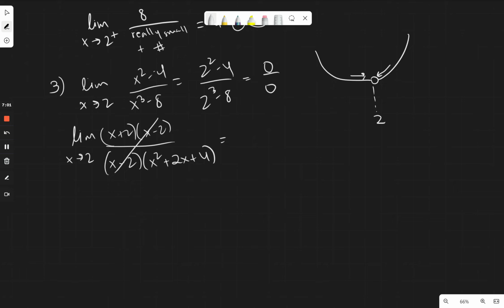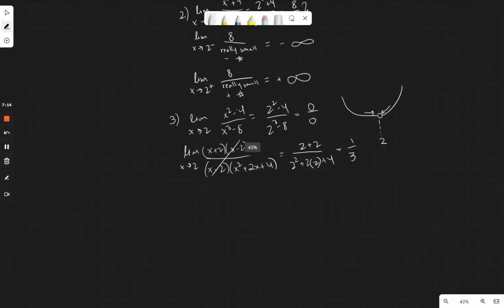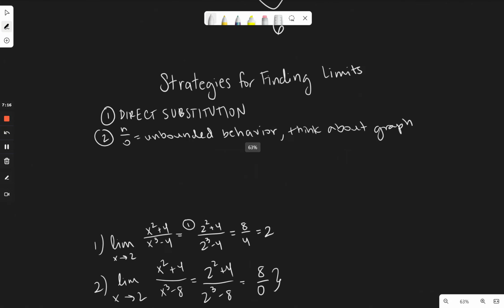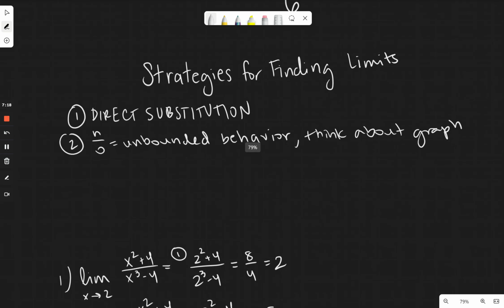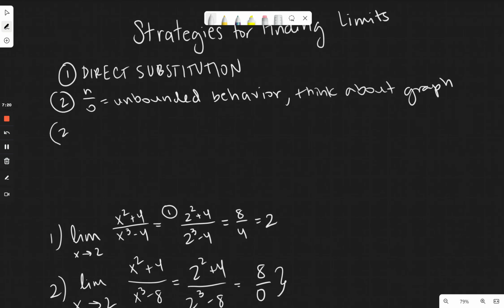Now let's try direct substitution, and we get 2 plus 2 over 2 squared plus 2 times 2 plus 4. So that's 4 over 12, which is 1/3. And that is our limit. And so sometimes if it's 0 over 0, you can try factoring. One of the strategies is factoring.